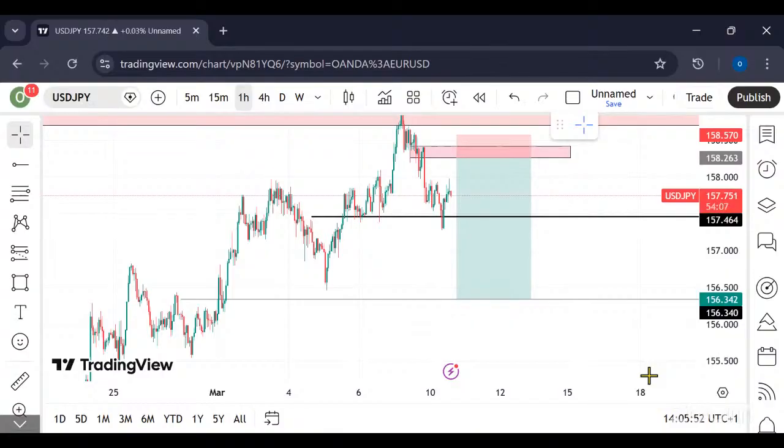So when we look at the 1 hour time frame, that's the USD JPY, I don't know how to say it. You see, I'm moving my cursor here, but since I'm not the one controlling it, I can't show that to you.